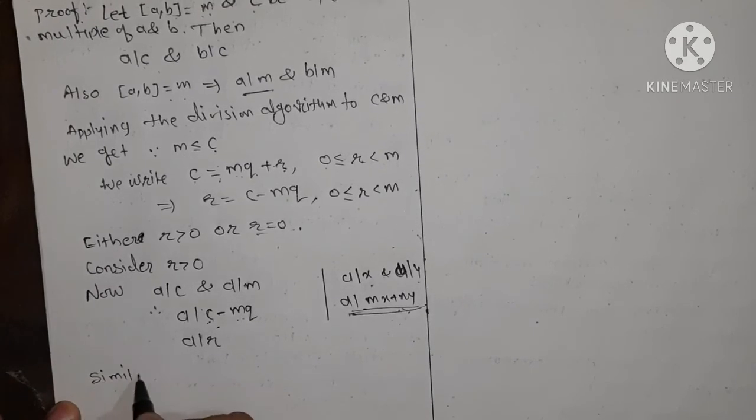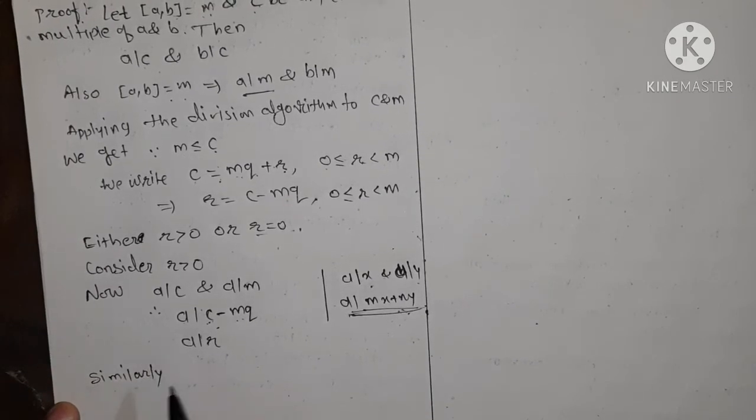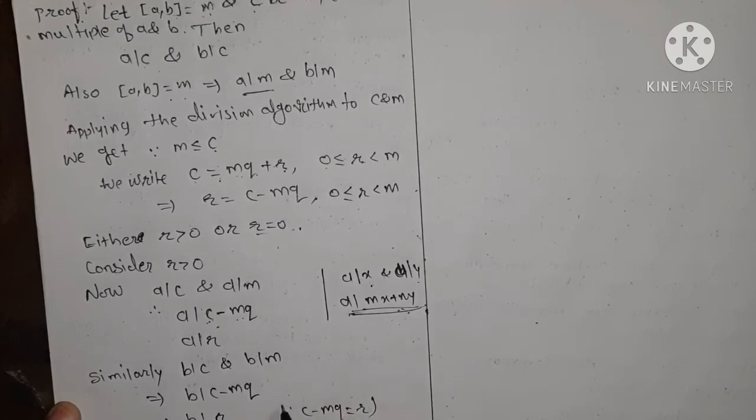Similarly, b divides c and b divides m implies b divides c minus mq by the same property, and therefore this implies b divides r, since c minus mq is equal to r.